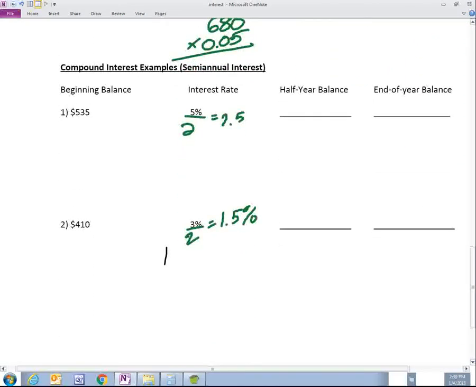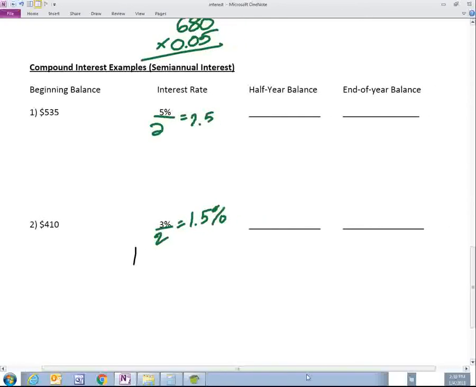All right, now the ones that are a little bit more difficult. I didn't get to this one in 5th period, so I'm glad we're doing it now. So we have 2.5% that we need to find, and that would be 0.025 because it's semi-annually. So it means halfway through the year and then halfway through the year.